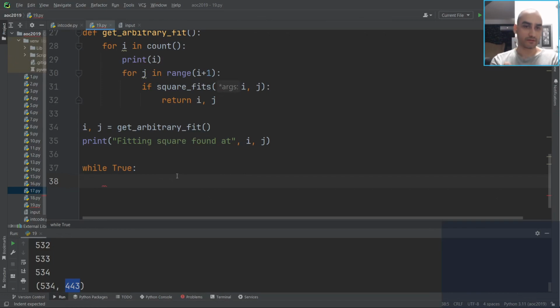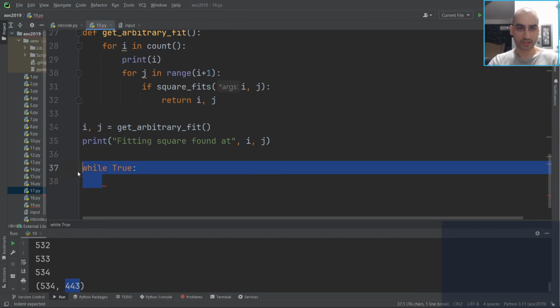Oh, no, but we would have found it. So... what am I trying to do here, then? We don't need to do this while true thing. We just need to check above.